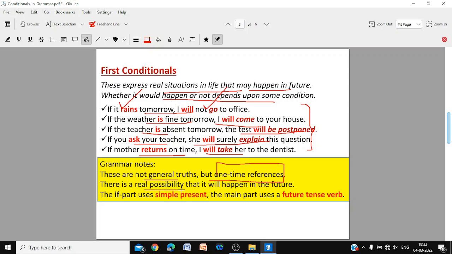There is a real possibility, but it will happen in the future. The if part uses simple present tense: if my mother returns, if you ask, if it rains. And the main part uses a future tense: will go, will come, will take. The future tense is always used in the main part. So this is the first conditional.